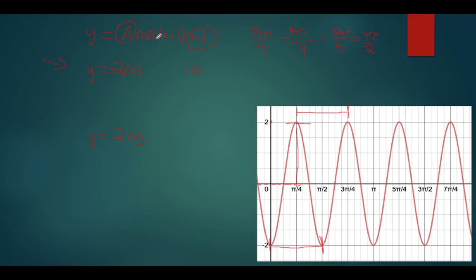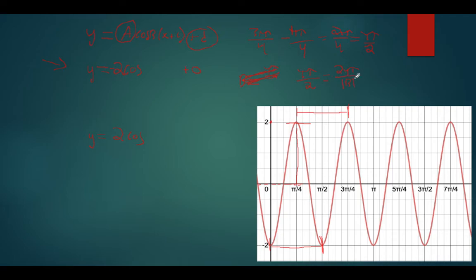Now remember, the period does not equal B. The period, which is pi over 2, equals 2 pi divided by the absolute value of B. And so we can solve this.